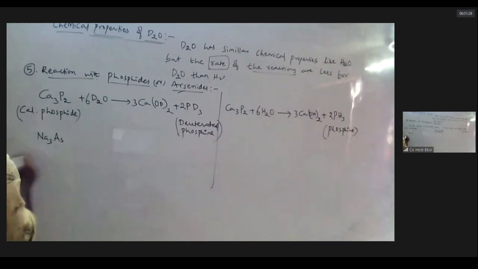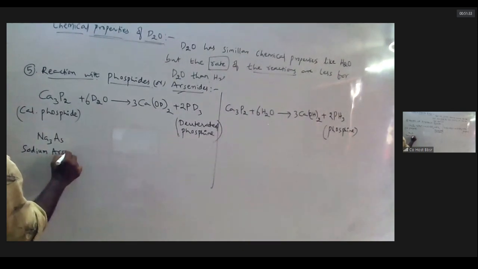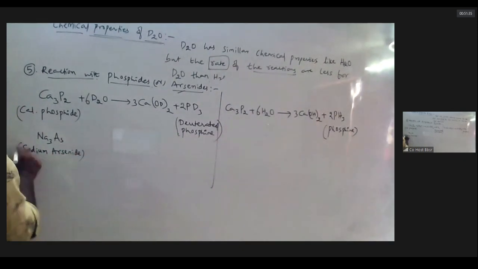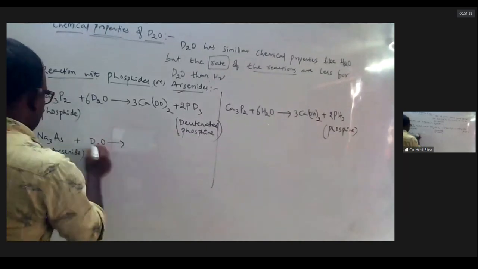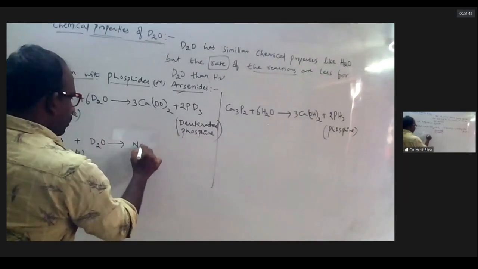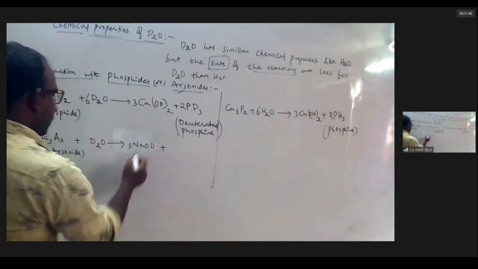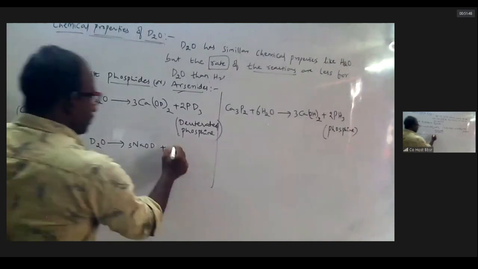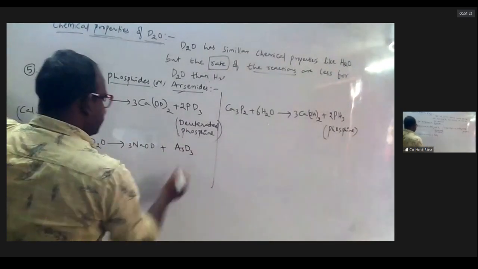Na3As, this is sodium arsenide, right? This reacts with D2O to give NaOD. How much sodium? 3 sodium, plus 1 arsenic, AsD3.